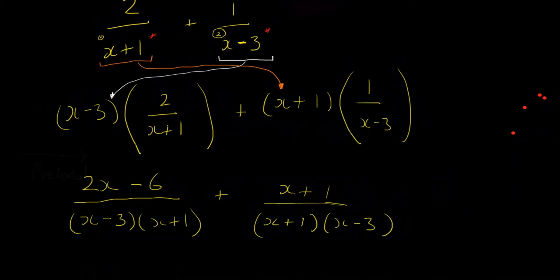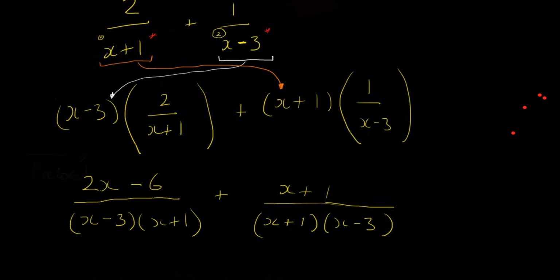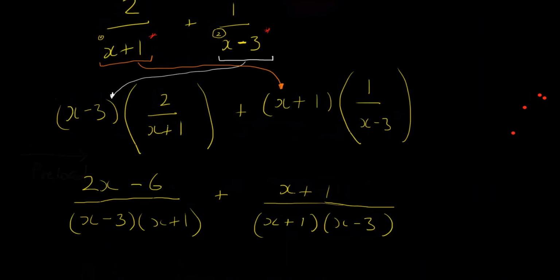Sir, isn't it supposed to be the other way around? It doesn't matter. An example is, if I say it's 2 times 3, or 3 times 2, what's the answer? This is 6. This is still 6, isn't it? As long as you're multiplying, it doesn't really matter.